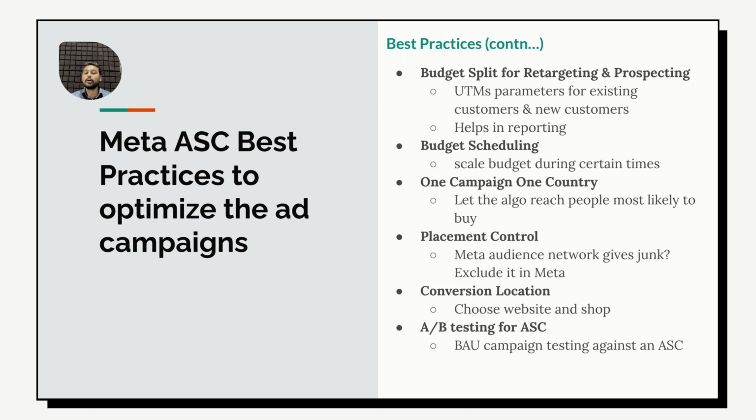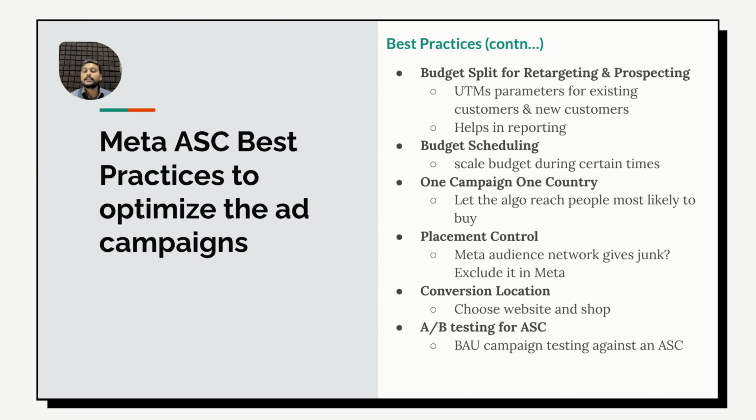You have something called budget cap. So once you give the budget at the advantage shopping campaign setup level, you have a tick checkbox on existing customer cap. So you tick that and you give 20% or 30%. So the percentage that you enter there will be used.